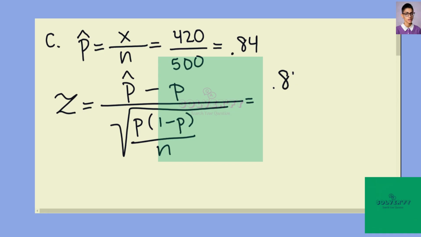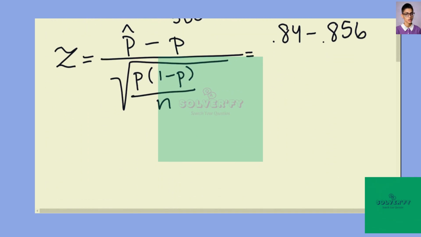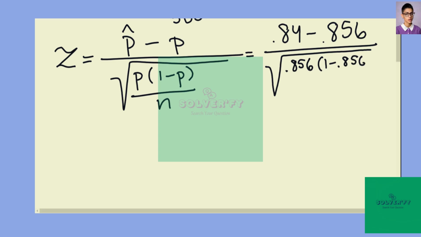So we have 0.84 minus 0.856 over the square root of 0.856 times 1 minus 0.856, all over 500. We get an answer of negative 1.02.